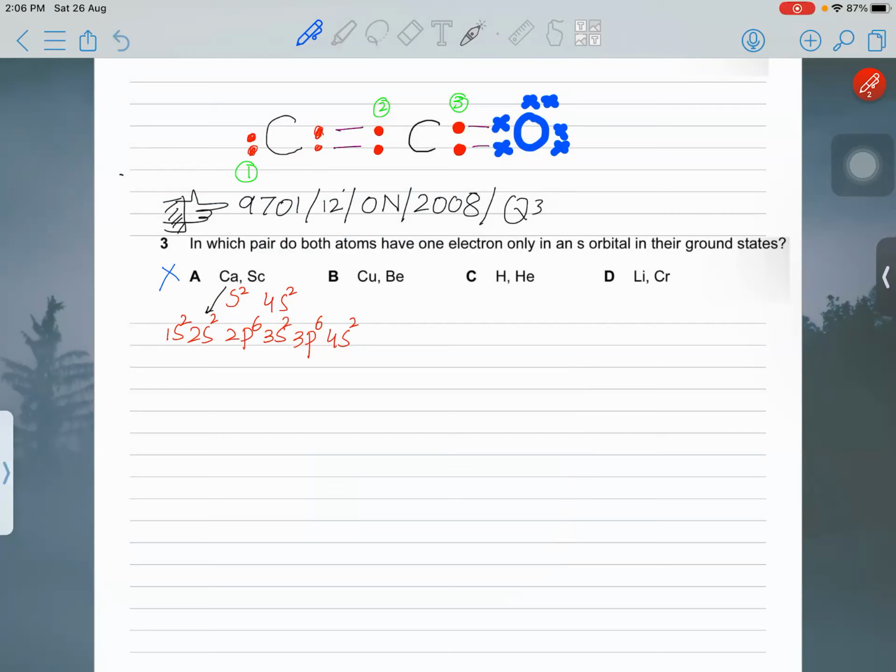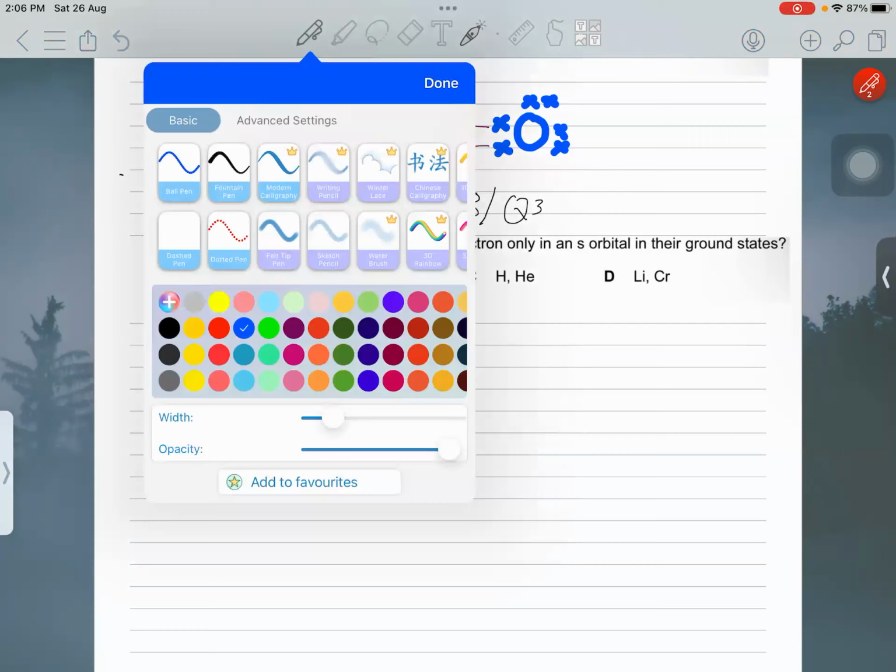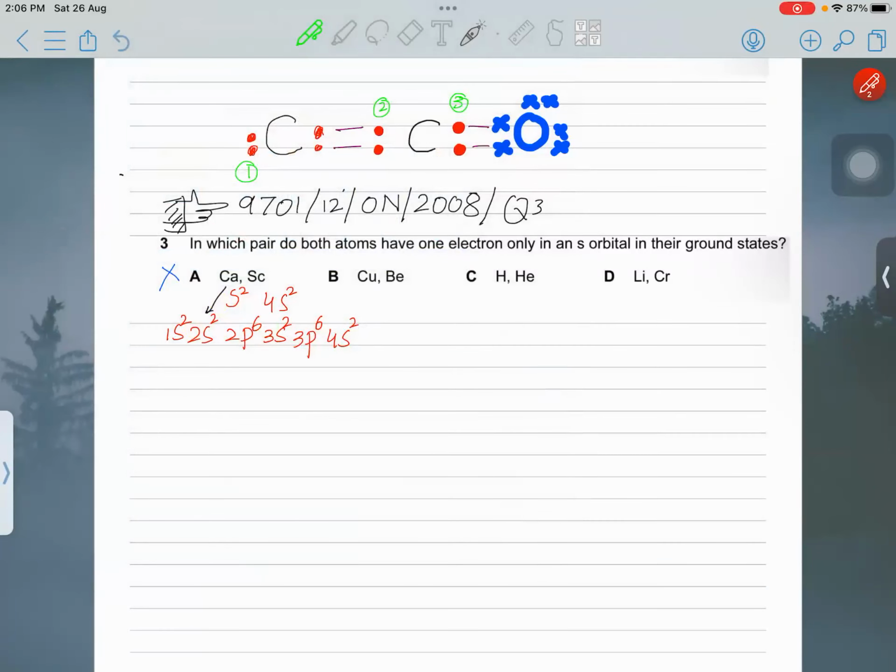Now next is copper and beryllium. So copper is an exception. 1s2, 2s2, 2p6, 3s2, 3p6, 4s1, 3d10.